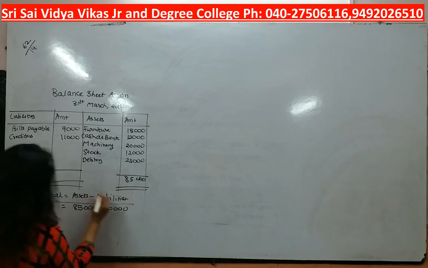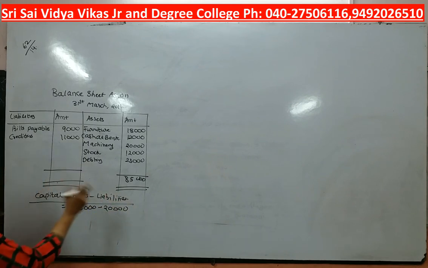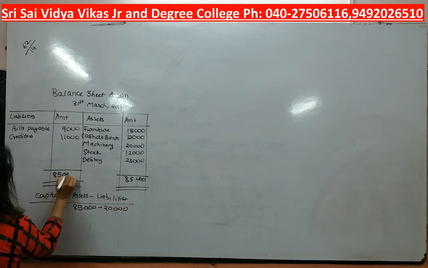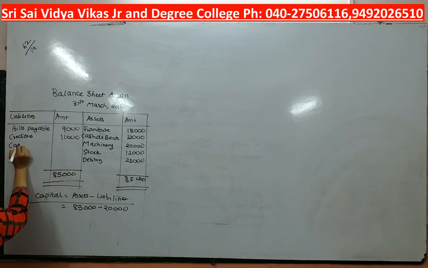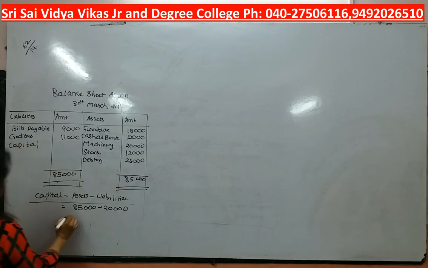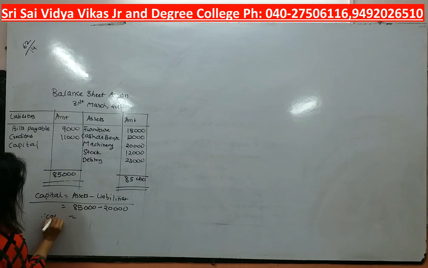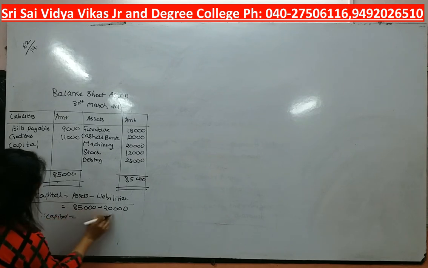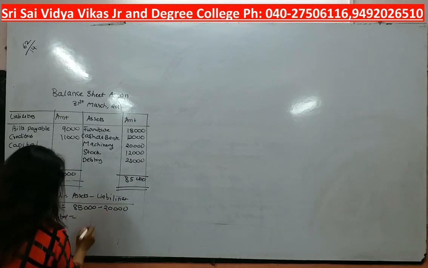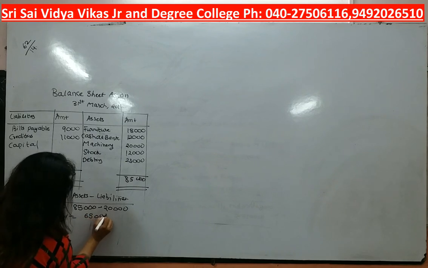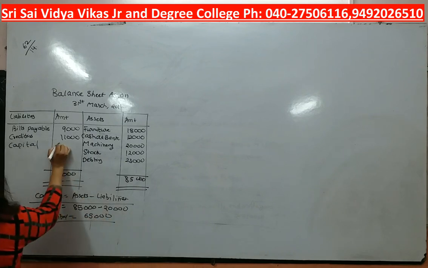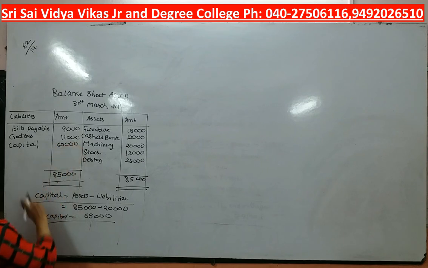We know that in the balance sheet both side totals have to be equal, so capital is nothing but our balancing amount. So capital, 85,000 minus 20,000, you will get 65,000. So the capital amount is 65,000. That is nothing but your balancing figure.